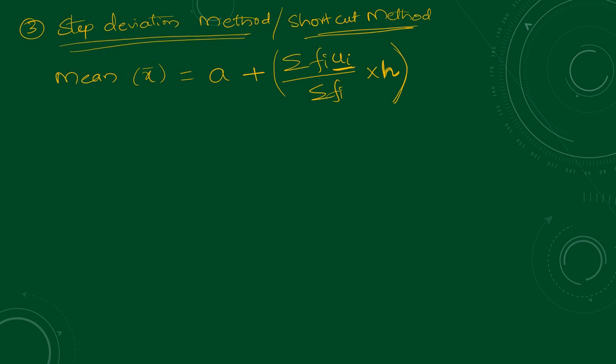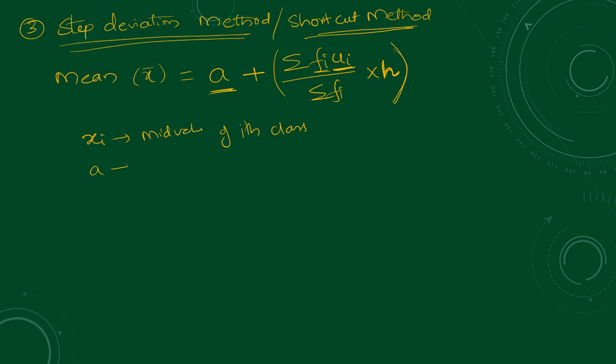So already you know about A. A is nothing but assumed mean taken from the mid values. Next, Fi is nothing but frequency of ith class. Next, we are having two more things. So already we know Xi is nothing but mid value of ith class.